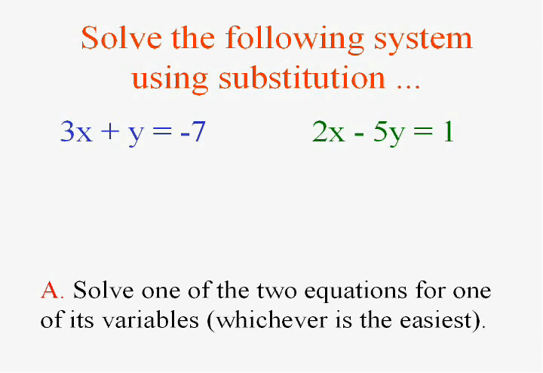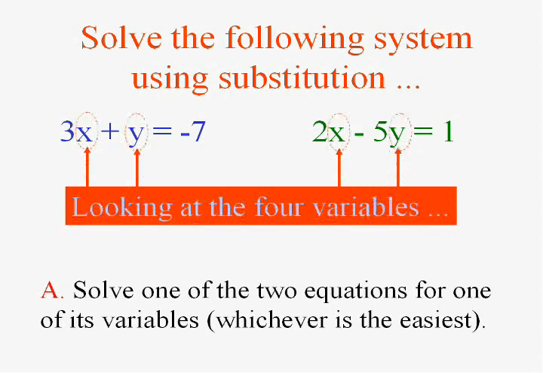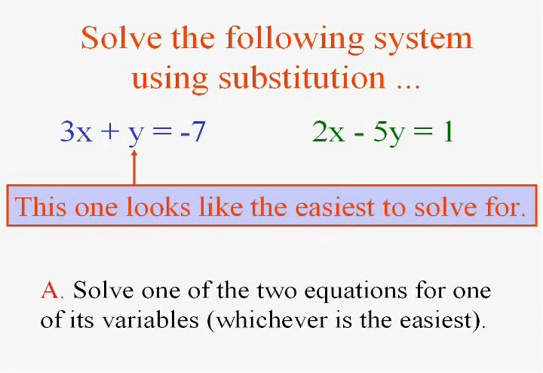Now look at the blue x, the blue y, the green x, and the green y. My hope is that you can decide which is the closest to being alone. Well, I'm going to pick the blue y in this case because all I'd have to do to solve for him is subtract 3x from both sides.